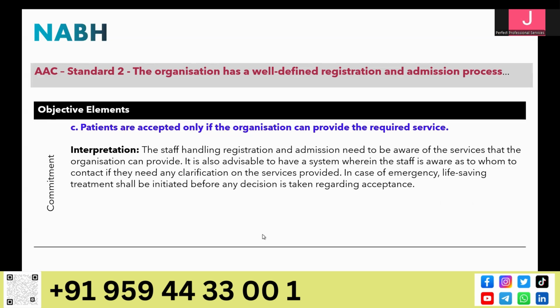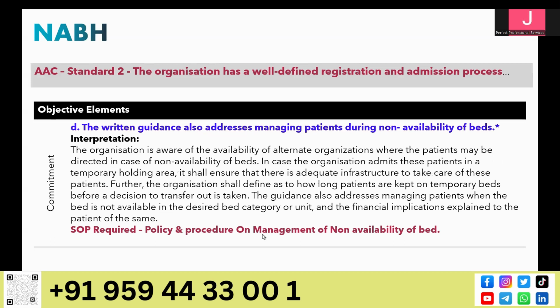Now next is D. The written guidance also addresses managing patients during non-availability of beds. When you don't have a bed, what are you going to do? Interpretation: the organization is aware of the availability of alternate organizations where the patient may be directed in case of non-availability of the bed.